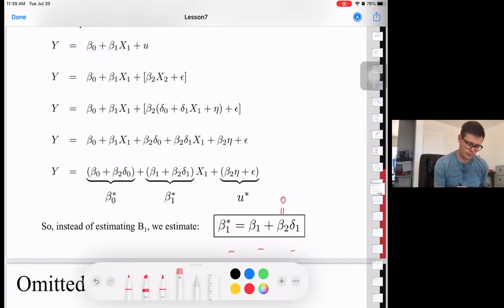Similarly, if delta 1 is equal to 0, which is to say, if x1 and x2 are uncorrelated, the beta 1 that we're able to estimate is the true beta 1 plus beta 2 times 0, which is just beta 1. So if either there is no relationship between x1 and x2, or x2 has no effect on the outcome variable, then the beta that we estimate without x2 is the true beta.